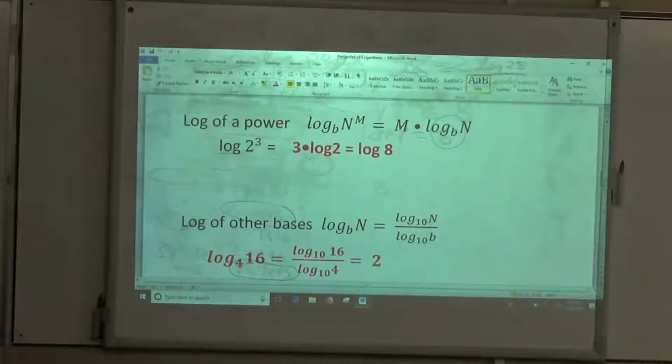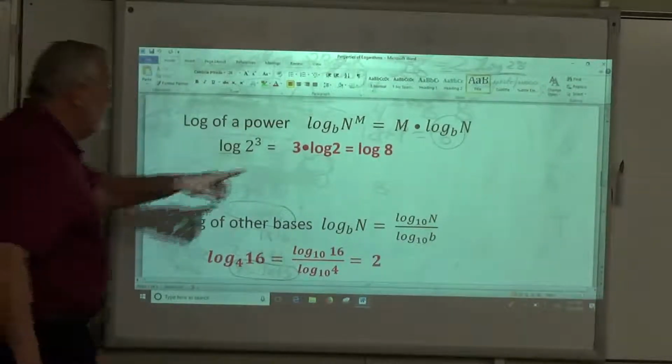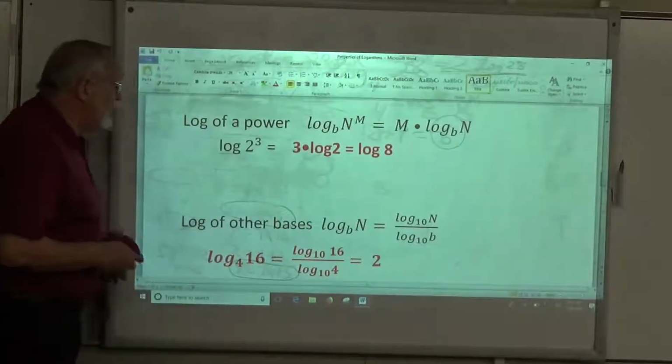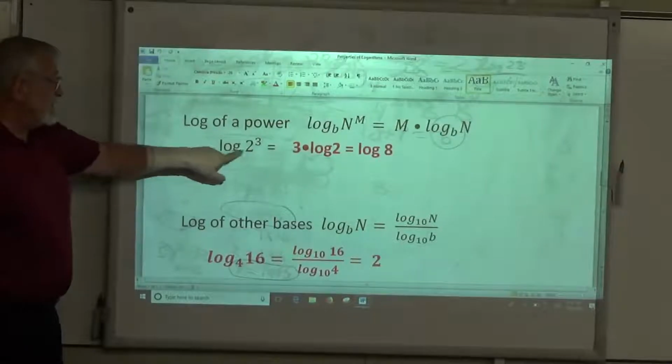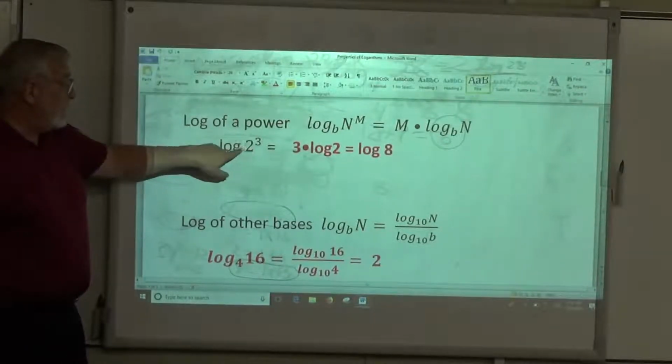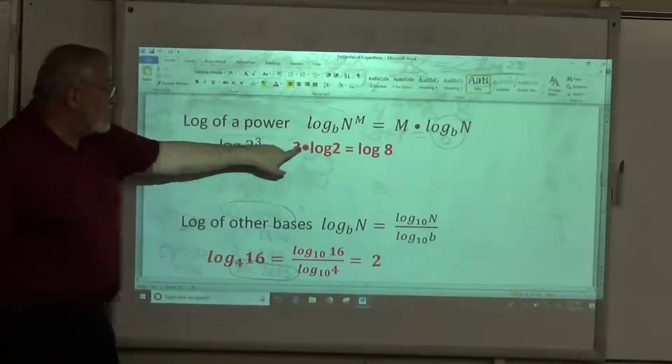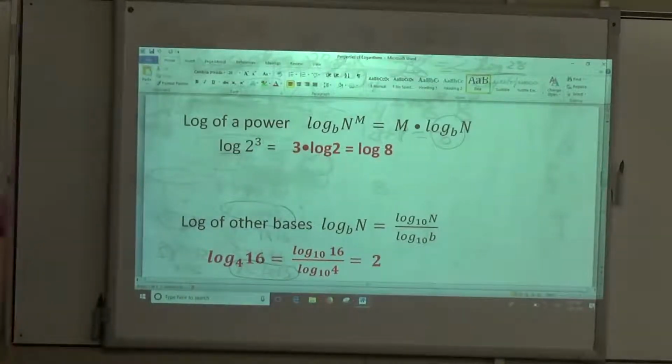And a quick way to add is to multiply. And so this becomes the value here. Now where we're going to use this, see this is log base of 2 to the third power. This exponent comes out here and it's 3 times the log of 2.